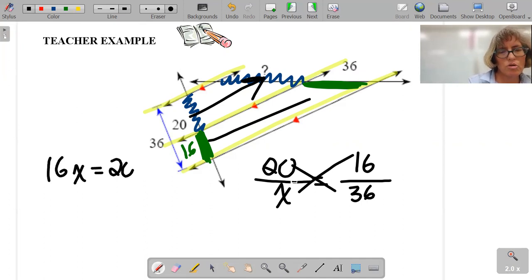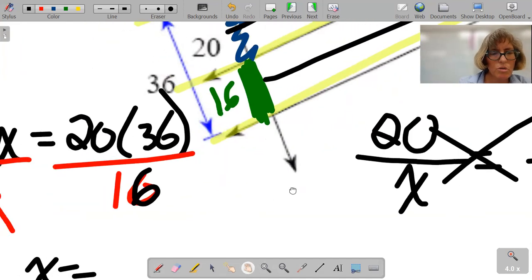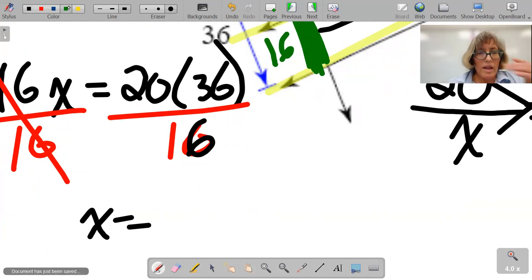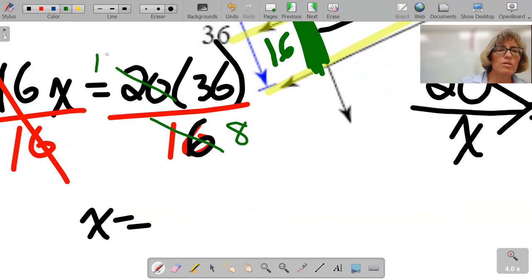16x, 20 and 36. We're going to divide by 16. Now this takes a couple steps to do this. Watch carefully. 8 doesn't go into 36 or 20, so I'm going to start with 2. So 2 goes in here 8 times, and 2 goes in here 10 times.